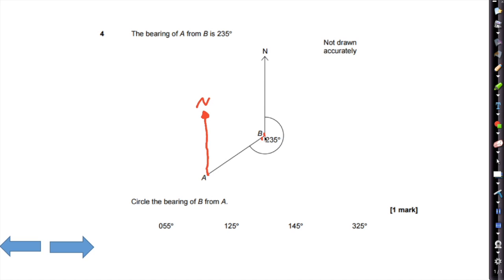If we extended this line down here, so it's a straight line through B from north, this would be 180 degrees because it is angles on a straight line. This angle here, though, is going to be very important.